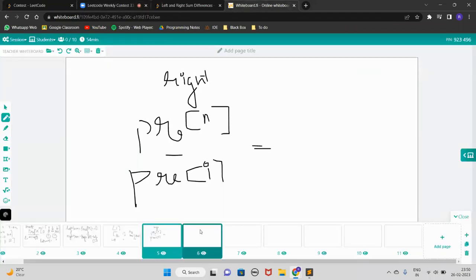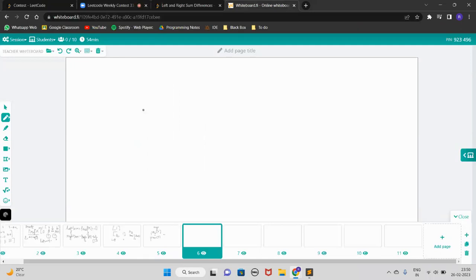So basically in this problem, we are using two different things. I'll explain both of them one by one. The first thing is pre of I minus 1.